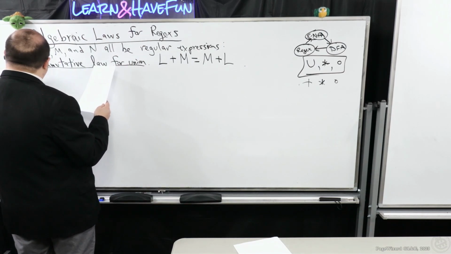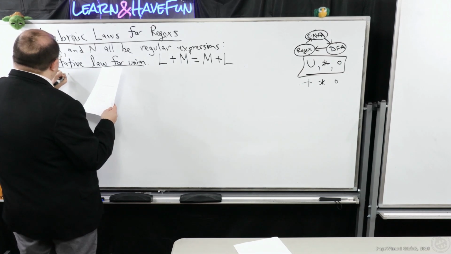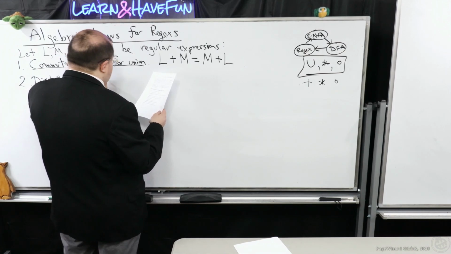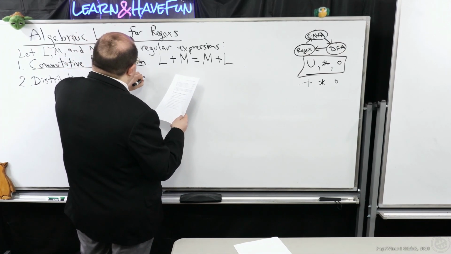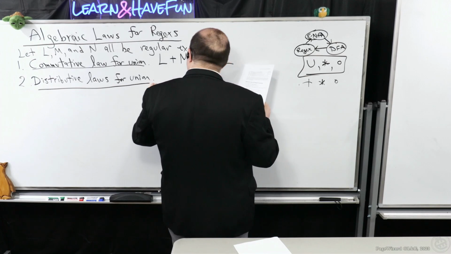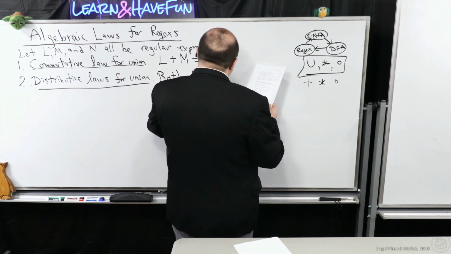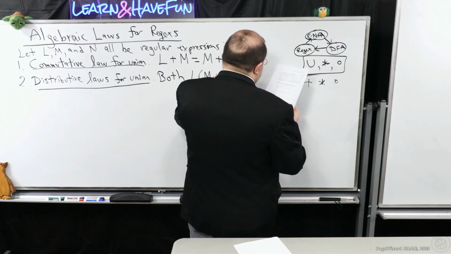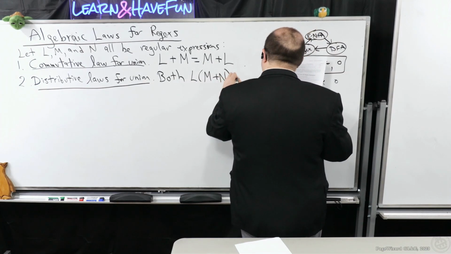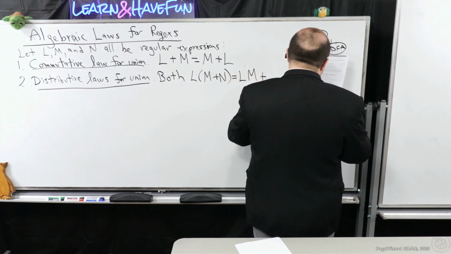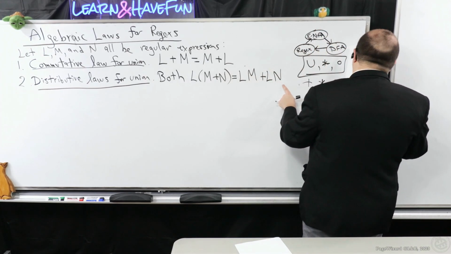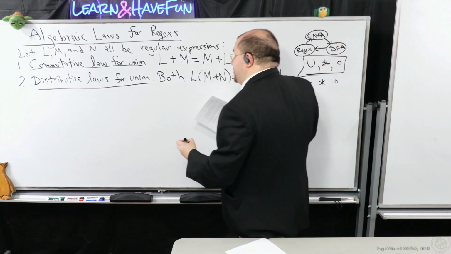Again, we have another one, the distributive property. You're going to find that almost all of the things I just described here have very similar reasoning to them. So if it applies for union in the set theoretic sense, it most certainly will apply here. So if I concatenate L with M or N, this is the same as me writing L concatenated with M or L concatenated with N. And of course, you can write it the other way around too.